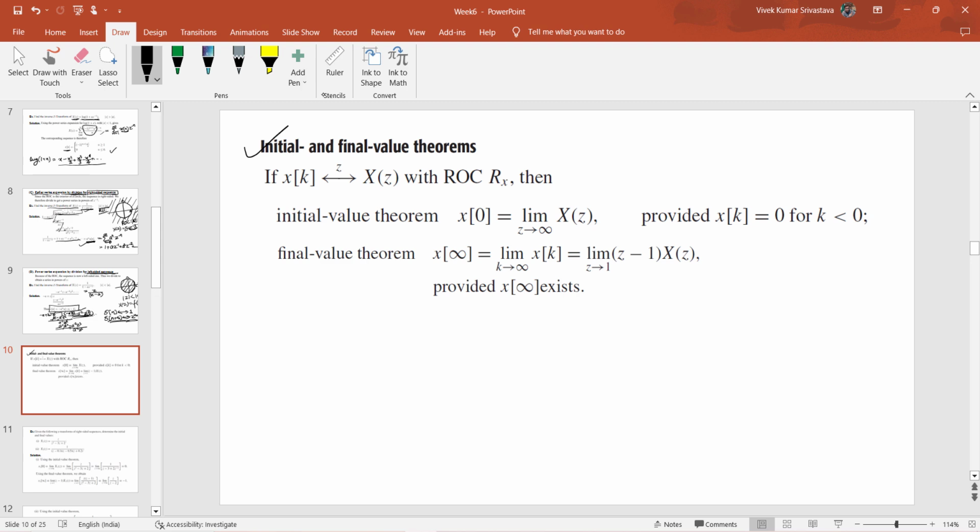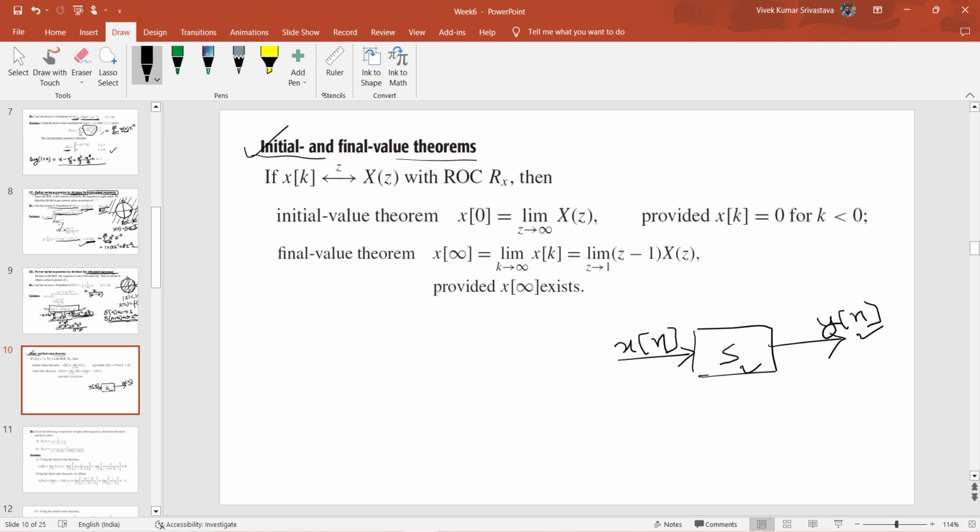If a system is given to us and we are applying a signal to this system, what will be the initial response of this system, and what will be the steady state response of the system? That is very crucial. To determine this we generally use the initial and final value theorem.